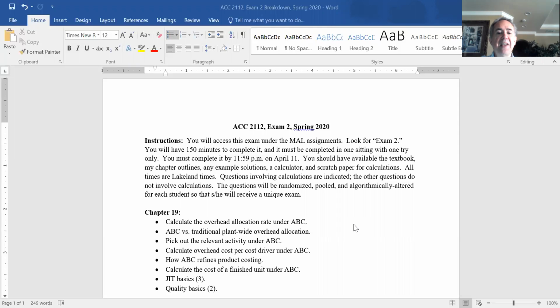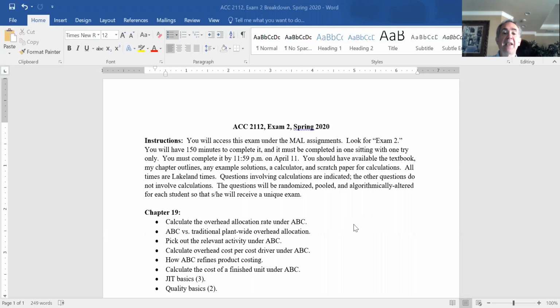Then the next, ABC versus traditional plant-wide overhead allocation. ABC divides the one big plant-wide overhead cost pool into those for separate activities, and each activity has its own cost driver or overhead allocation base. So we refine our overhead allocation more under ABC.